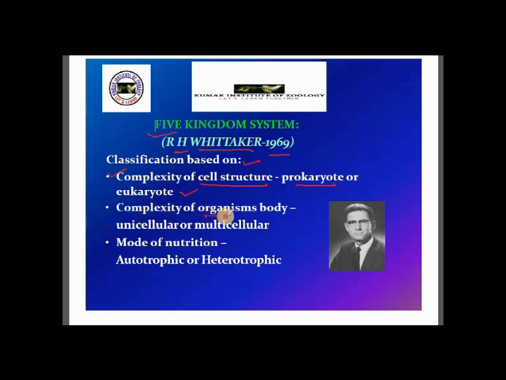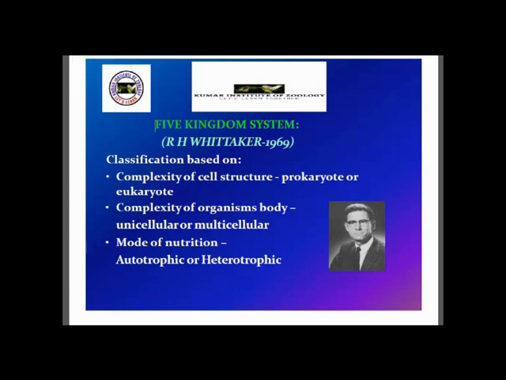Complexity of the organism's body, how it is. Unicellular means one cell or more cells. And nutrition, intake of food or feeding, autotrophic or heterotrophic. So like that, based on the five categories, Robert Whittaker classified all the living organisms into five kingdoms.